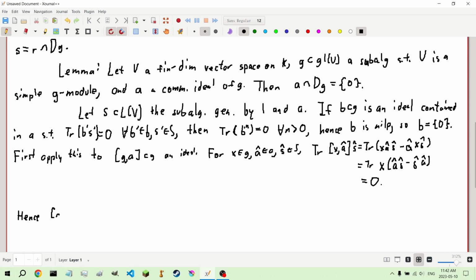Hence, by our previous result, the bracket of G and A is just 0.